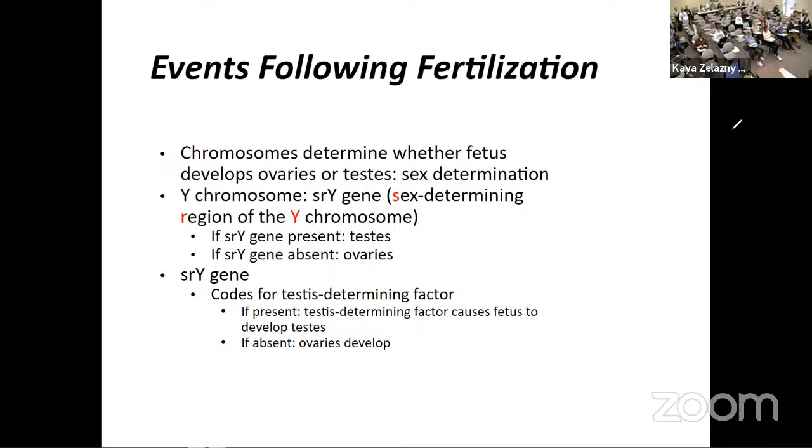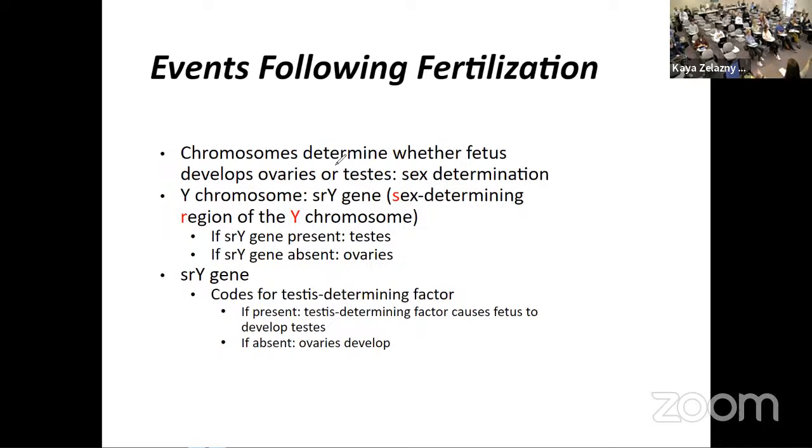So you can start to see how some variation is possible already. You might just not have a Y chromosome and therefore not have an SRY gene, or you might have a faulty SRY gene and therefore not produce testis determining factor, even though you do have a Y chromosome. Or, as we move forward, you might have an SRY gene that works and produces testis determining factor, but for some reason it's not getting to the cells it needs to.